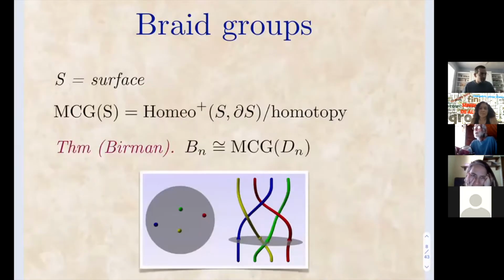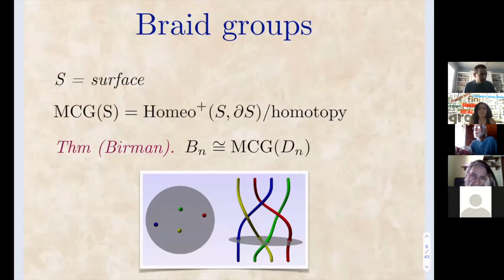Another way to think about the braid group, which is the way I will be thinking about it mostly, is using mapping class groups. So when you have a surface S, MCG is the mapping class group, and it's homeomorphisms of the surface, identity on the boundary, modulo homotopy.